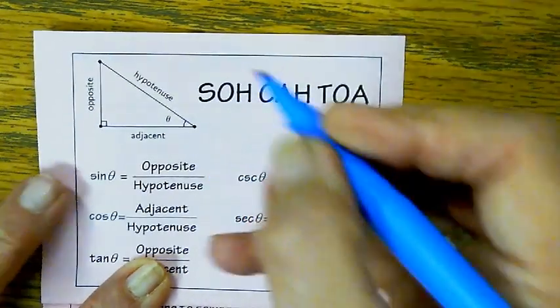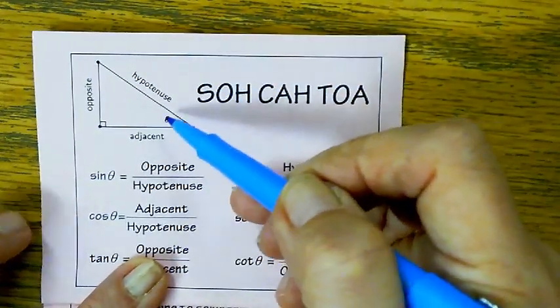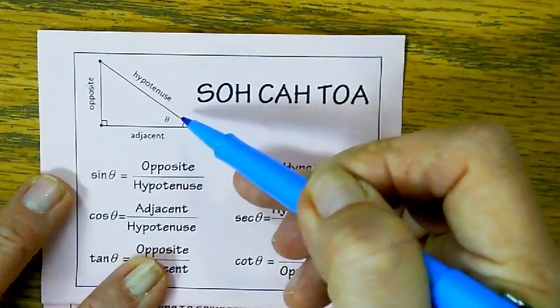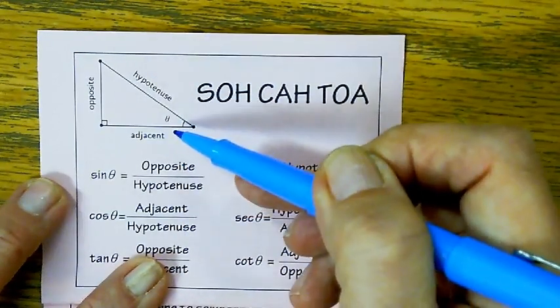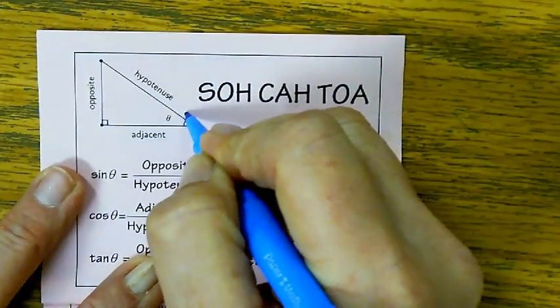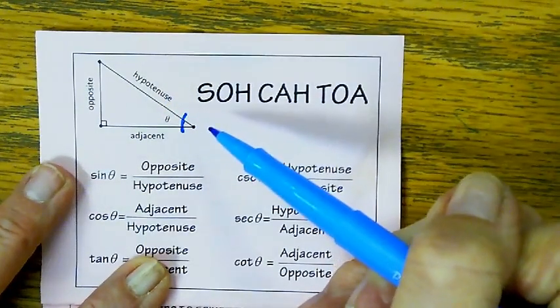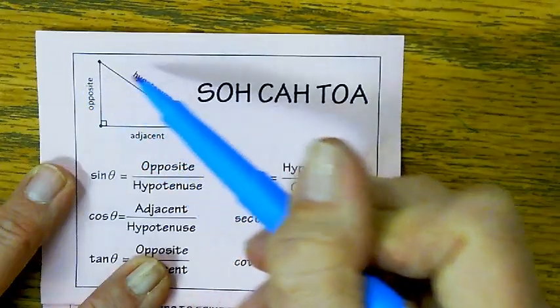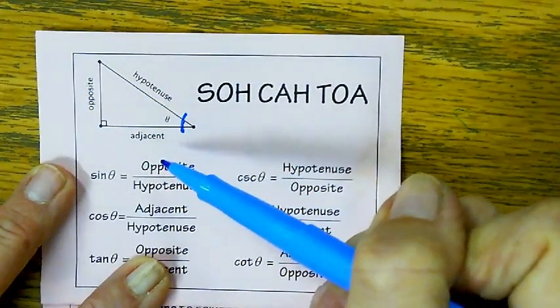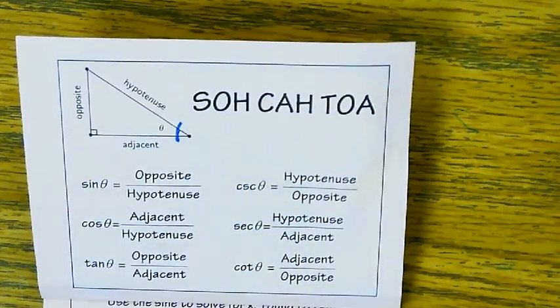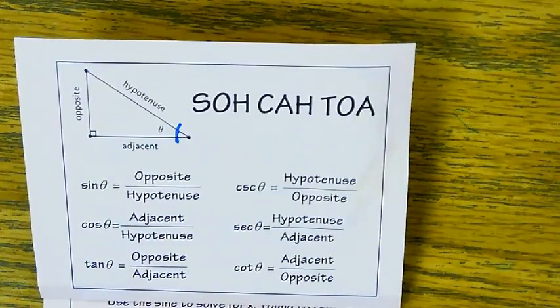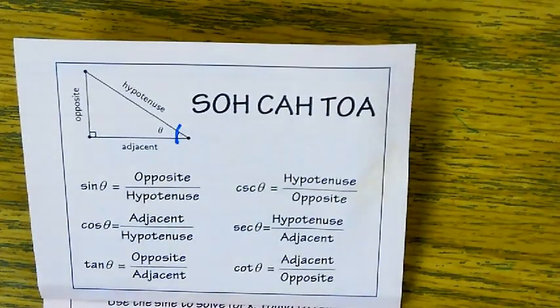That's a Greek letter. So that's the angle that we're dealing with, and we label it from that angle. So for the angle that we're working with, we're going to label our right triangle opposite, hypotenuse, and adjacent. Now I think we've gotten pretty good at that already, because we've had to do that for some of the work we've done, right?